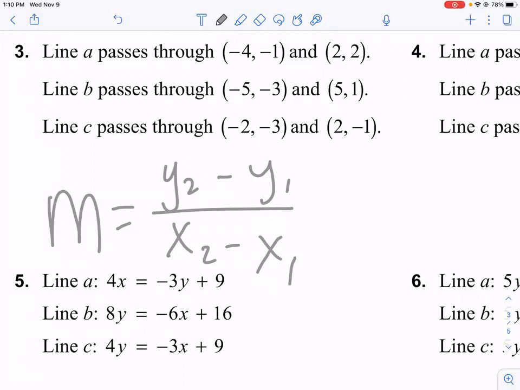Finding Y over Y. Oh, no, I didn't do that. I know.